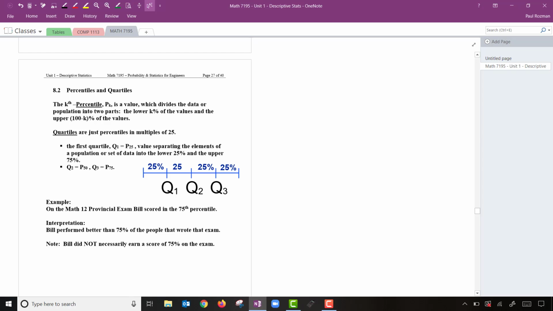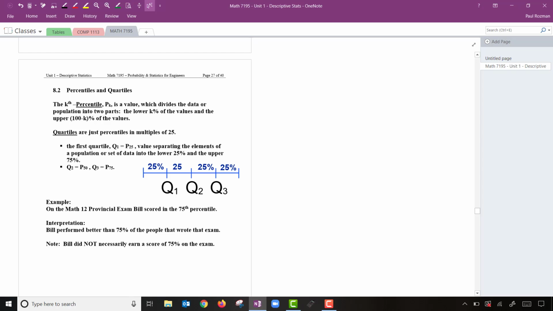On a standardized test to get into graduate school, I scored in the 98th percentile on the math portion. Yay for me. It doesn't mean that I earned 98% on the test. It means that I beat 98% of the people that also wrote that test.